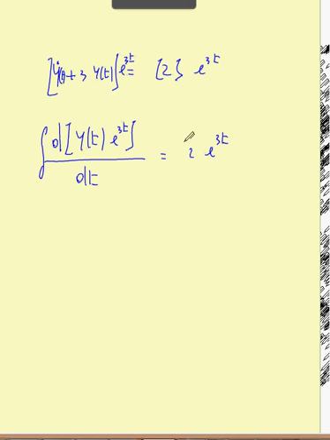We need to multiply both sides by e to the power of -3t. So you get y of t equal to 2/3 plus c e to the power of -3t. This is the general solution.